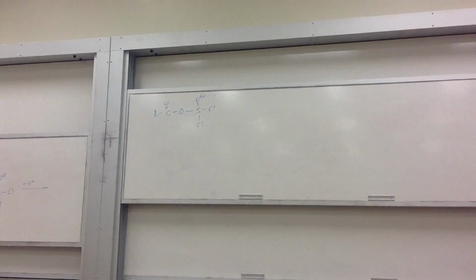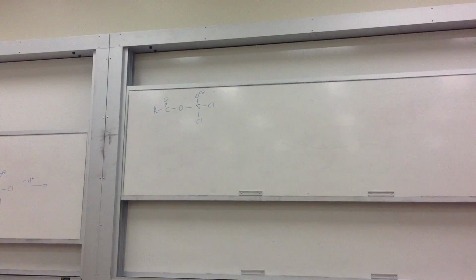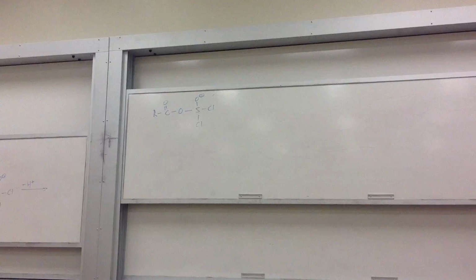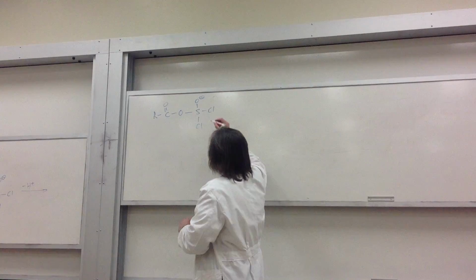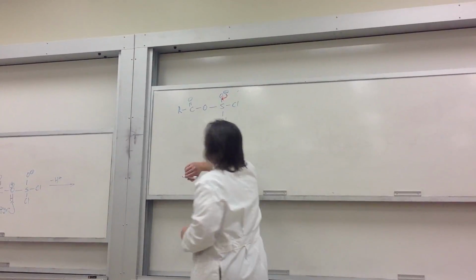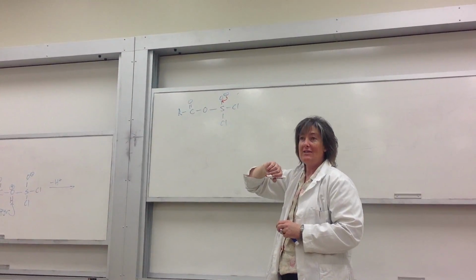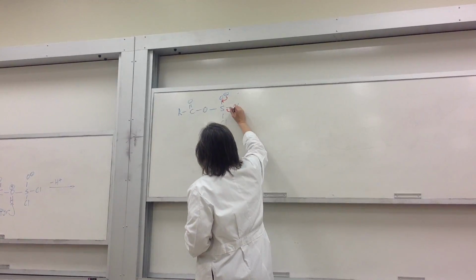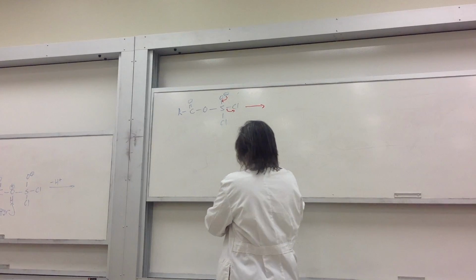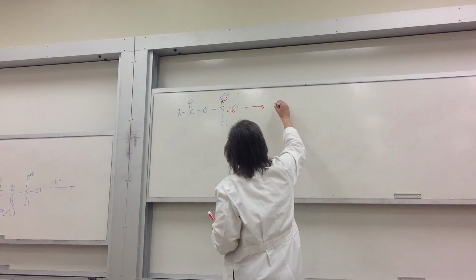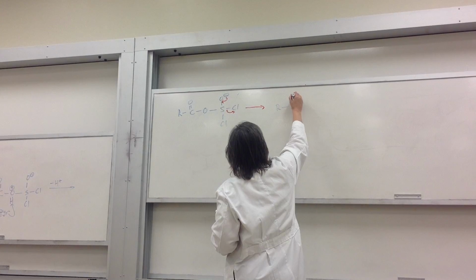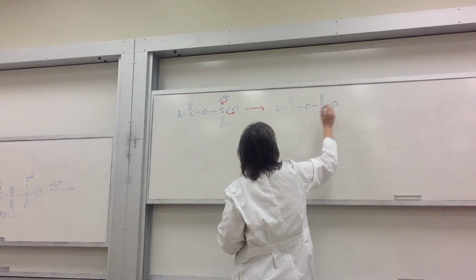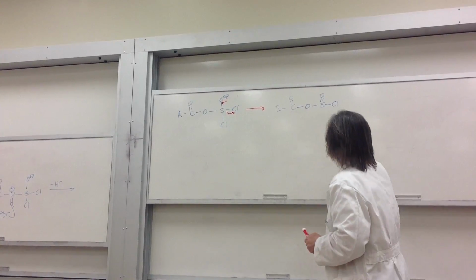Now, if we could reform the S double bond O, things that are double bonds, pretty strong bonds, so we're going to do that. I can bring the electrons down, reform my sulfur oxygen double bond, and I've got a leaving group there that I don't even have to do anything to get it to leave. It pops off the Cl minus. Then I have that plus Cl minus.